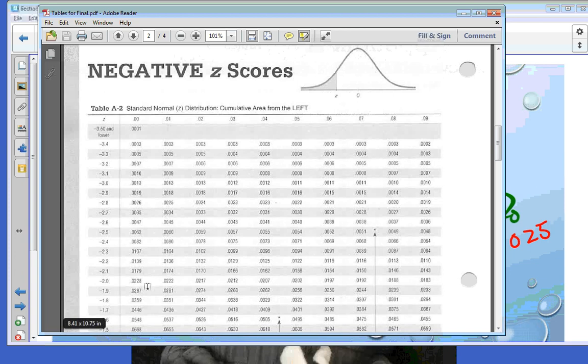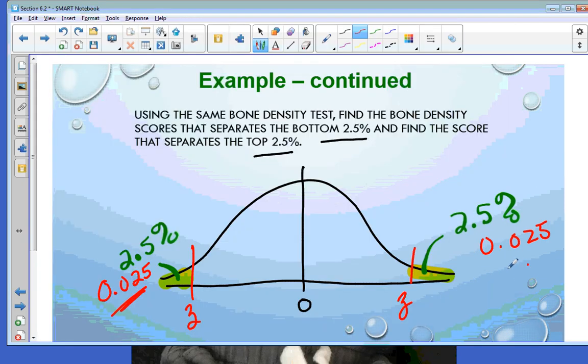Here's 2.2. Here I have 0.0250 right here. That is what I want. So I'm going to look to know that it's negative 1.96.